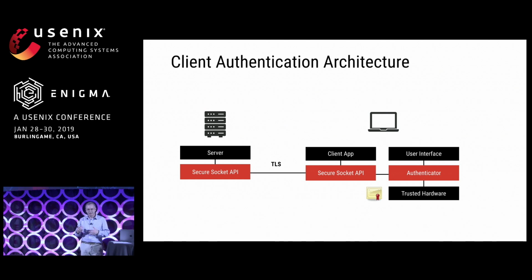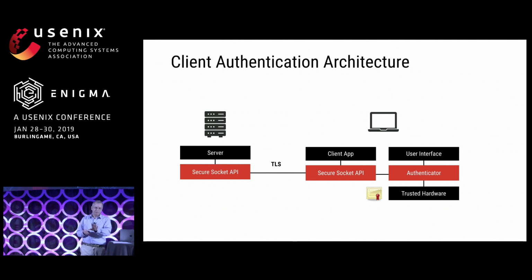And if the user says yes, then the authenticator will work with trusted hardware to get a certificate that we can use to complete that handshake. And we've divorced that from the client application. So the client application doesn't need to be built with this kind of logic with each individual application. We can support client authentication regardless of whether you've baked it into your app or not.